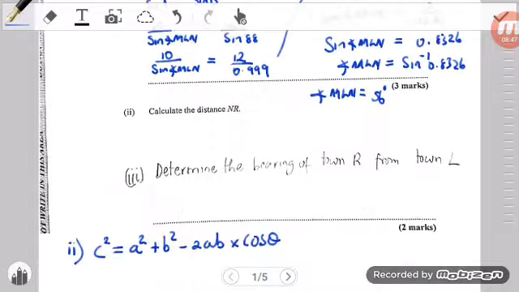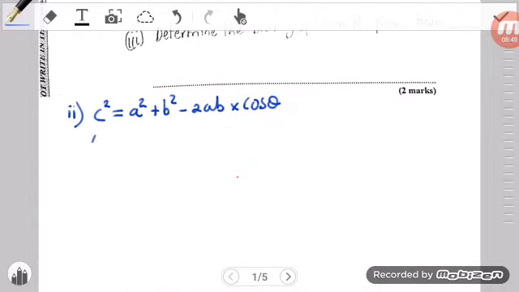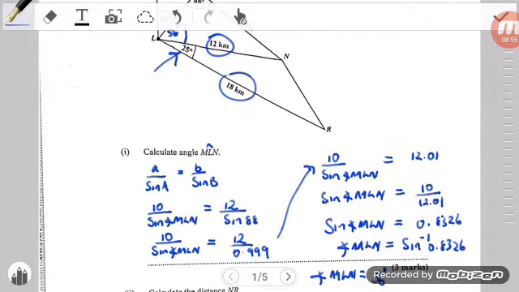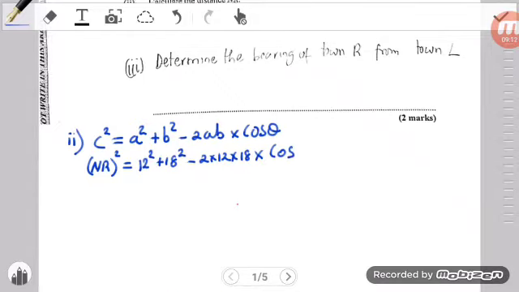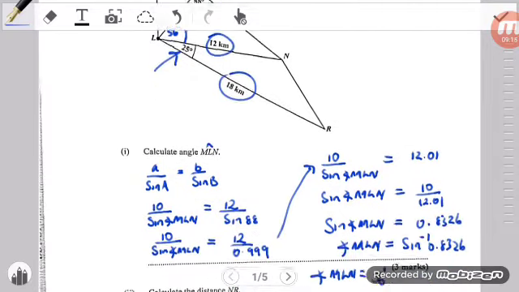So NR squared is equal to the other two sides, 12 and 18 respectively. So that is 12 squared plus 18 squared minus 2 times 12 times 18 multiplied by the cosine of the angle between the two sides, which in this case is 25.